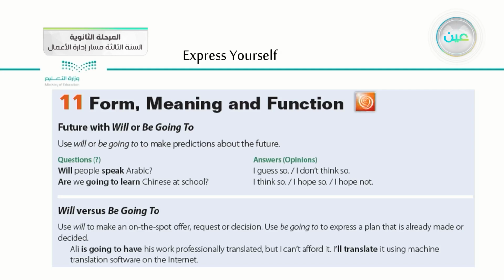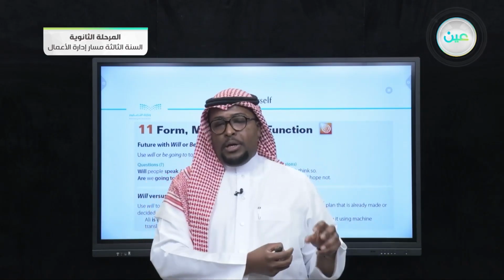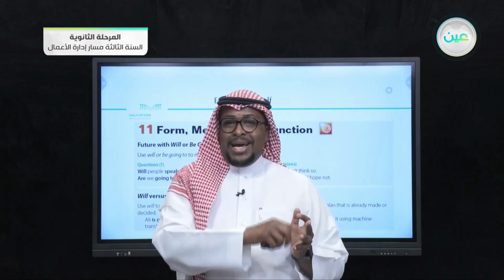And of course, we have another question: are we going to learn Chinese at school? As you see here, guys, we focused on going to, and it's preceded by be. When we say be, I would like to remind you of the be group, which is a very important group of verbs in English. We have am, is, and are.